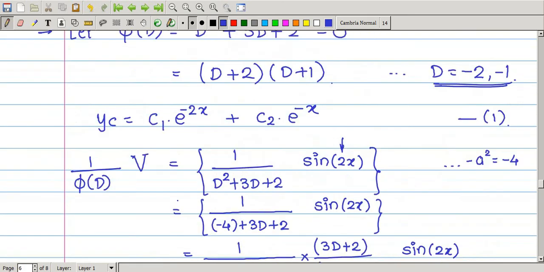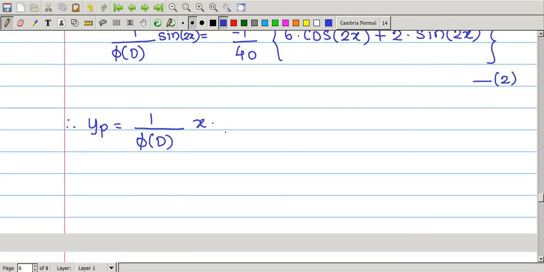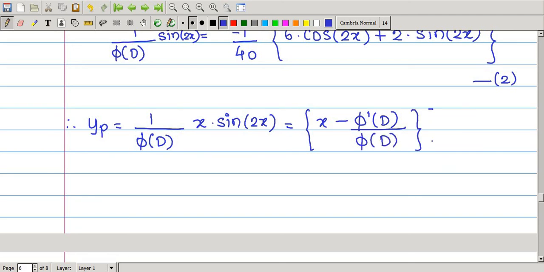So our function is x into sine 2x. X into sine 2x is equal to x minus derivative of auxiliary equation upon auxiliary equation into 1 upon phi of d into sine 2x. Now we can substitute the terms.